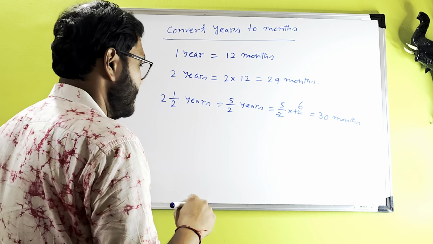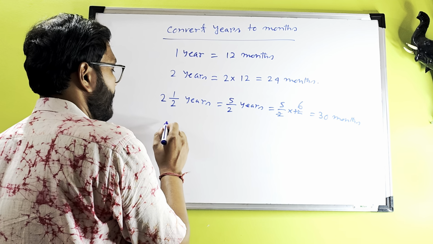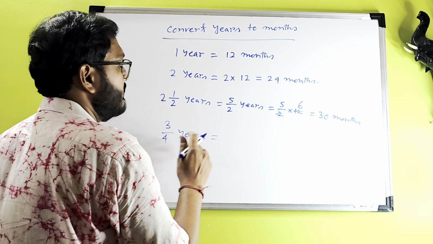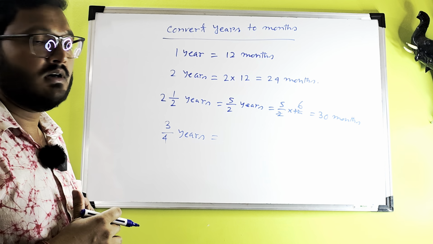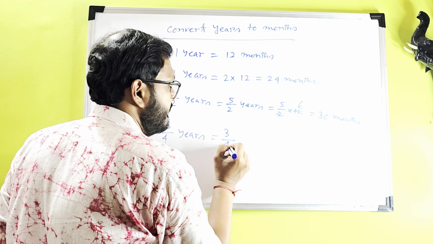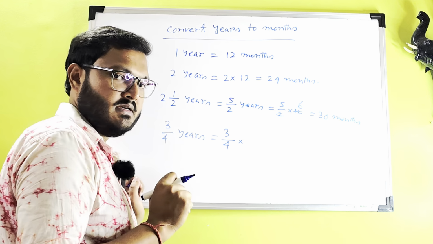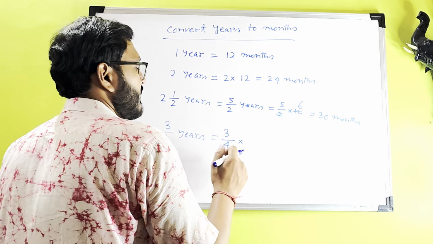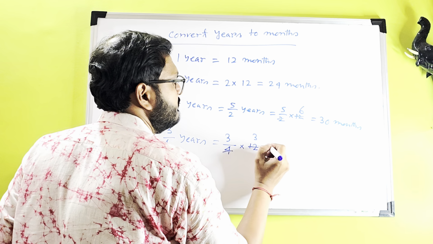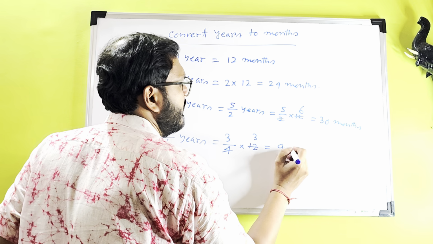I hope it's clear. If it is given, let 3 by 4 years equal to how many months? Very simple. 3 by 4 means 1 year is not completed. 3 by 4 years into 12, so 9 months.